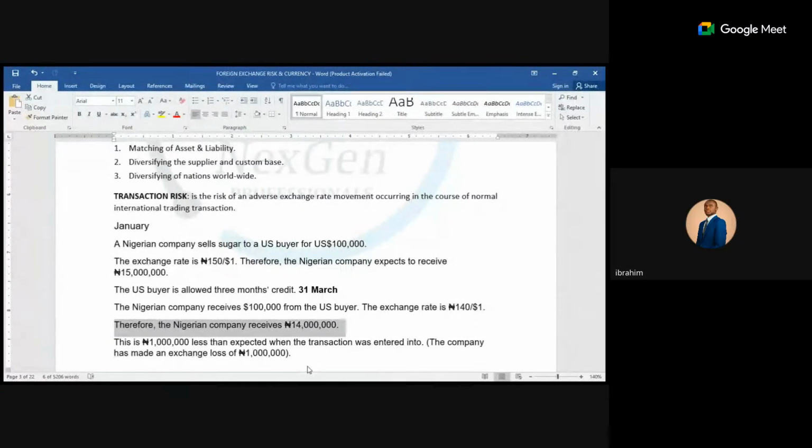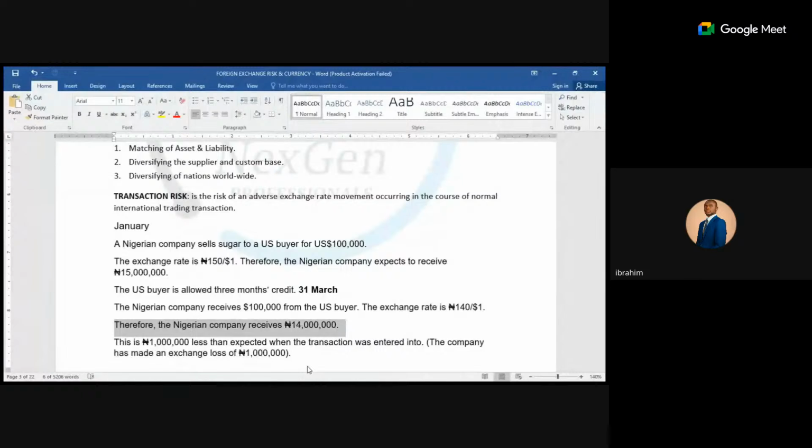The Nigerian company, the 14 million is what we call subsequent recognition, because they've paid you the money and everything has gone. Now, what will happen? That is why you will see foreign exchange loss in your profit or loss account, right? You can see that there is a loss here. At the initial recognition, you have 15. The subsequent recognition, you have 14.